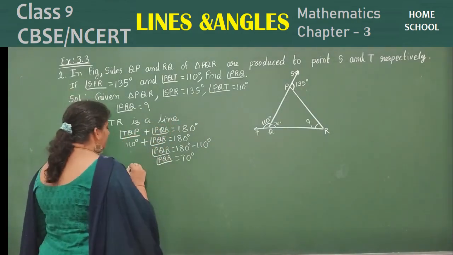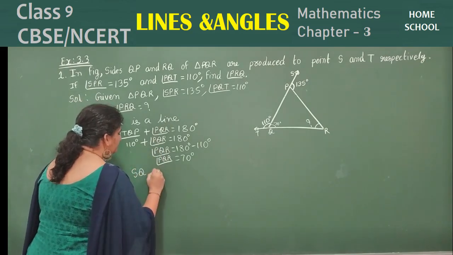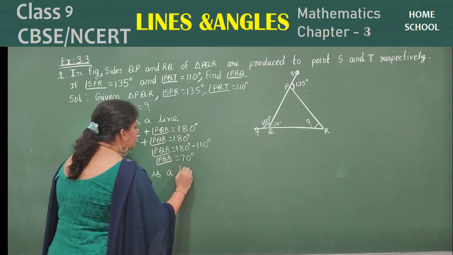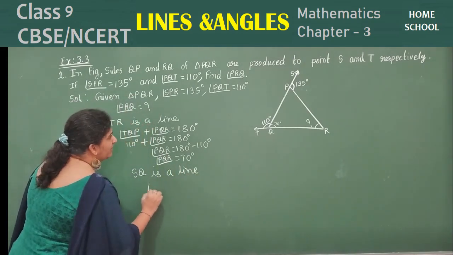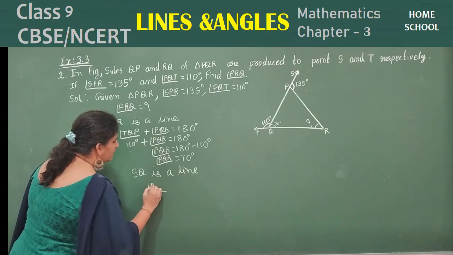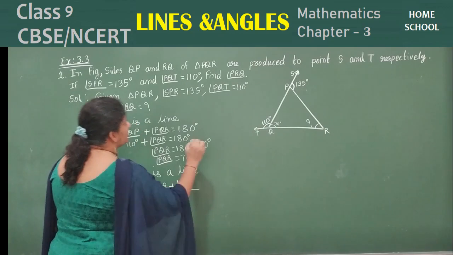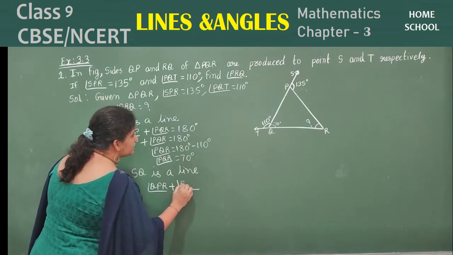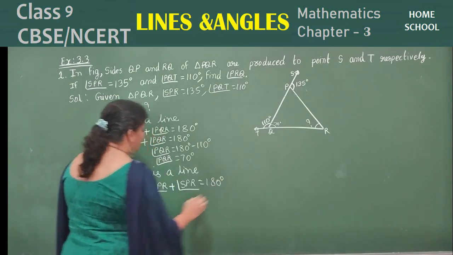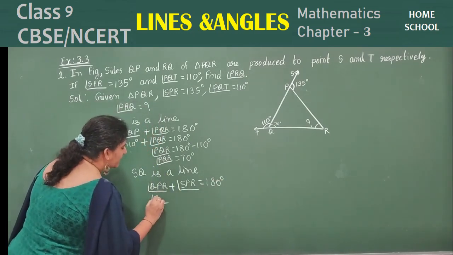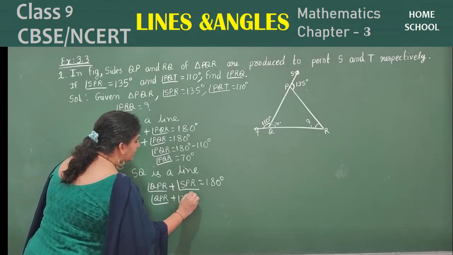Now next we need to calculate angle QPR. So now I will write, what is another line here? SQ. SQ is a line, so I can say that angle QPR plus angle SPR is equal to 180 degrees. We know angle SPR. What is angle SPR here? 135 degrees.